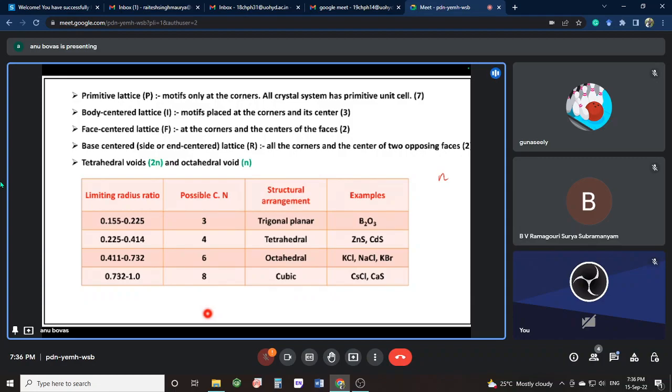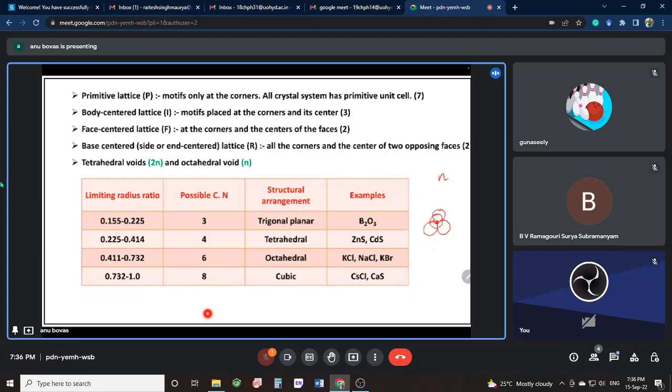For tetrahedral voids, imagine we have 1, 2, 3, and the fourth one is above. In between these we have a small gap, and this is called a tetrahedral void.